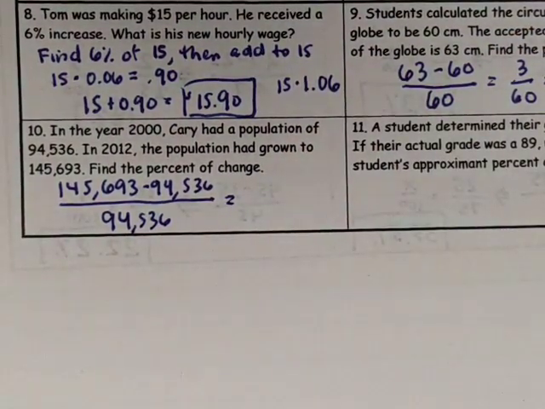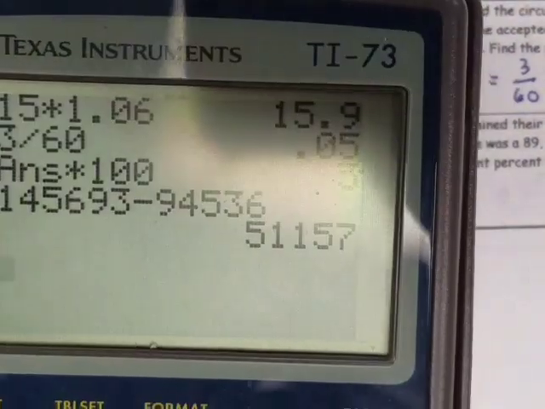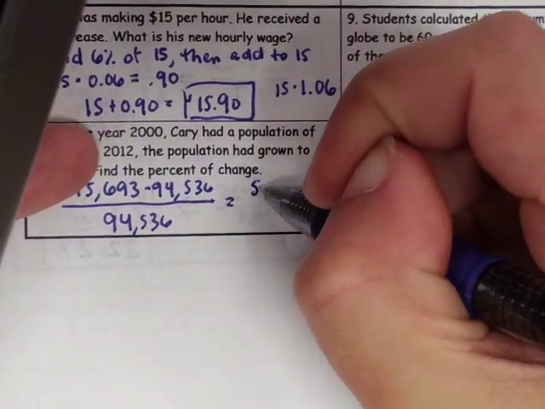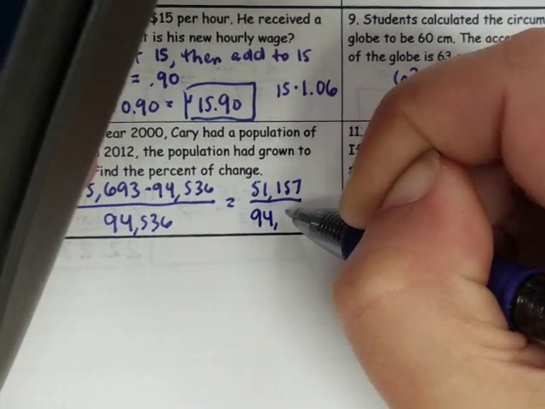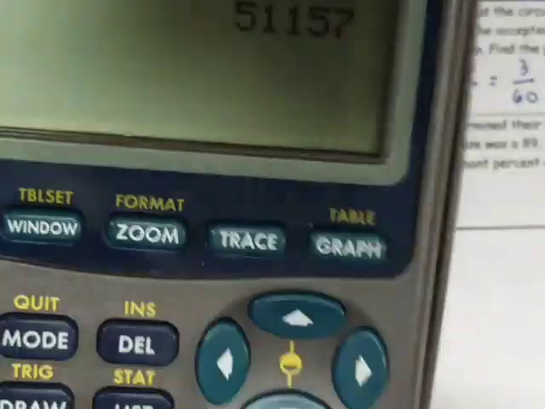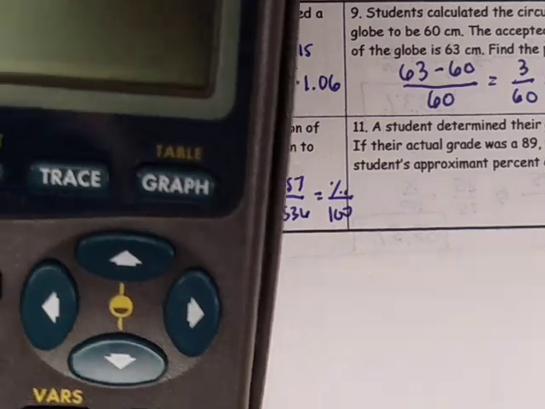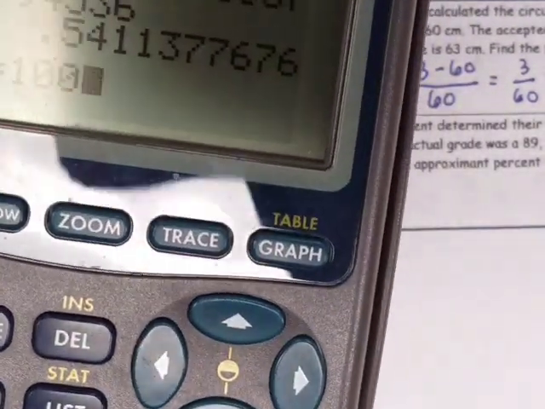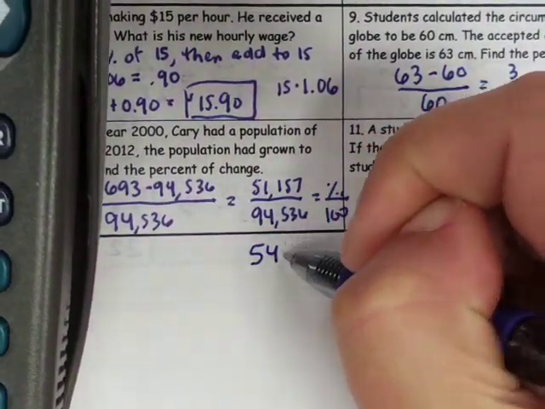And that gives me a difference of 51,157 people over the original of 94,536. And that's my percent over 100. And then I'm just going to take that number and divide by 94,536 and then multiply that times 100. And so there is a 54.1% increase in population in the town of Cary.